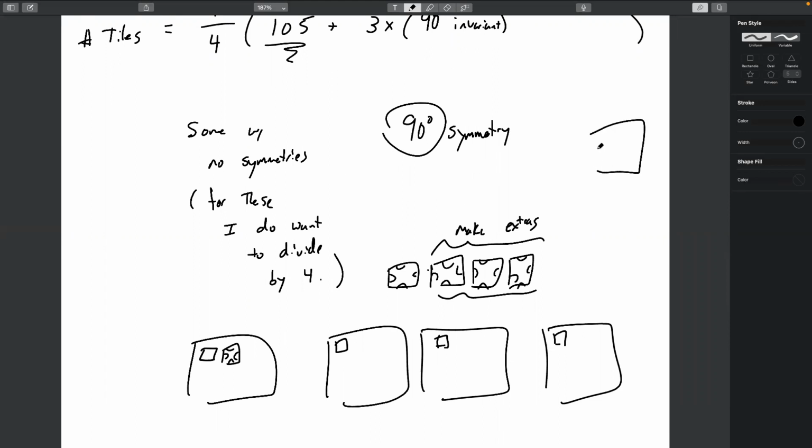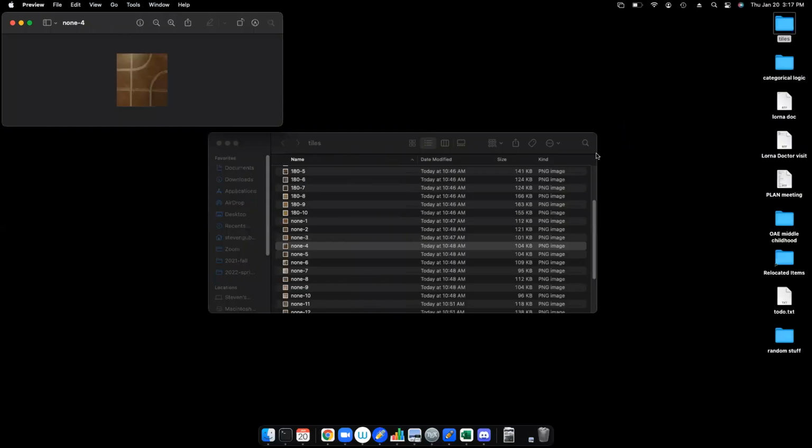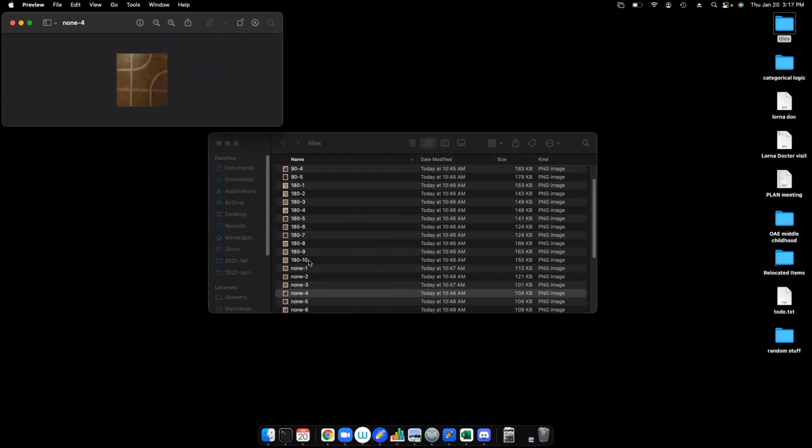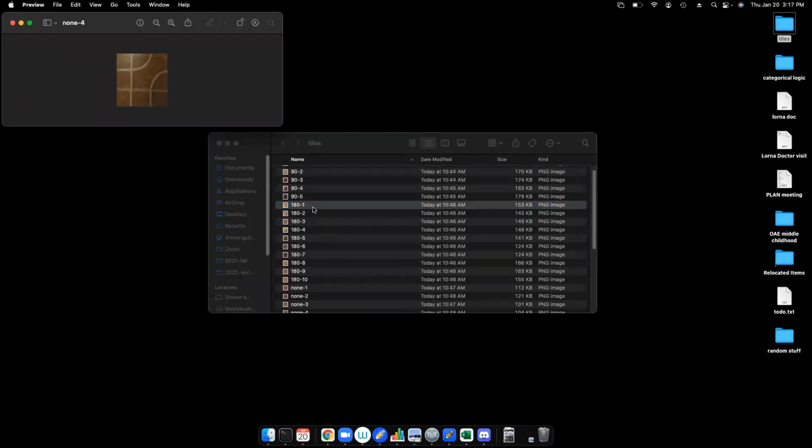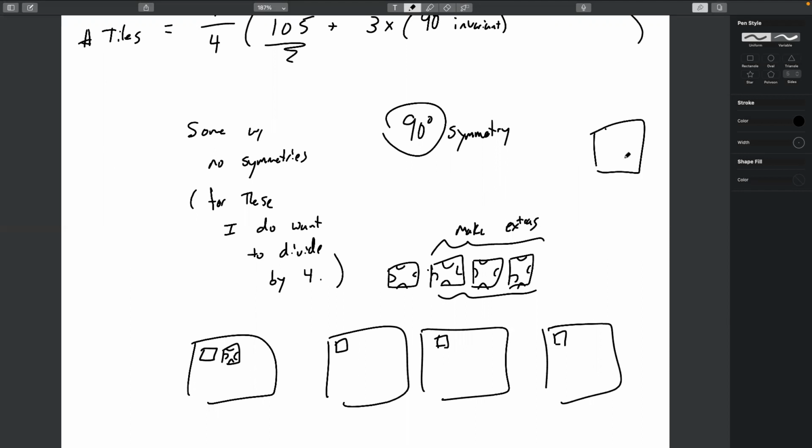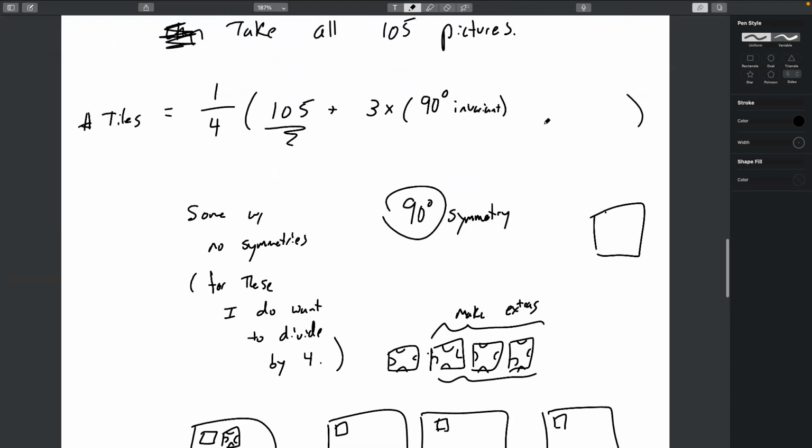You could have something like, oh, actually, I've got pictures of them. 180, number 1. Okay, here's one. Clearly, if you take this thing and you rotate it 90, it's not the same picture. But if you rotate it 180, it is the same picture, right? So we also need to deal with the 180-degree symmetries.